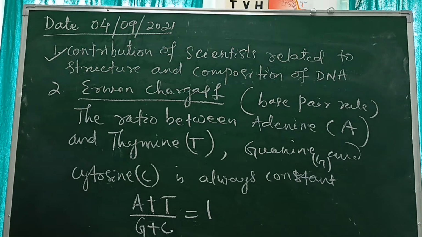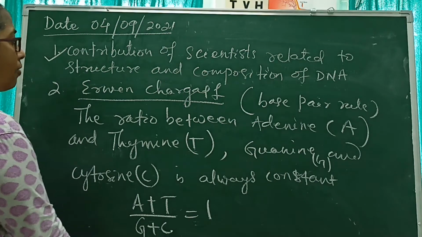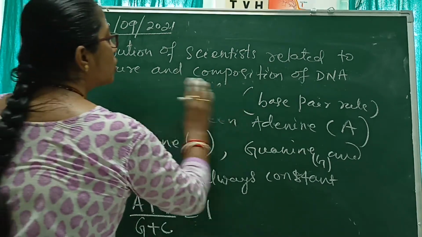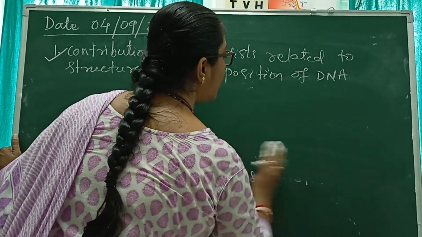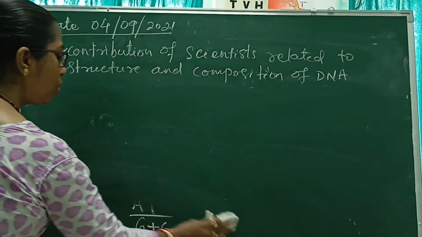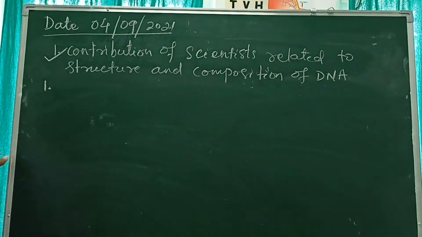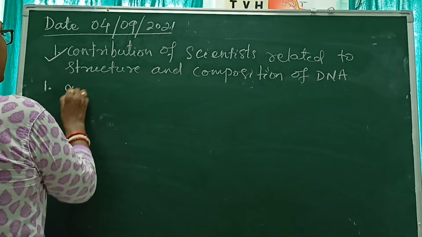On the basis of this rule, children, you can do many numericals. So here I will be discussing only one numerical, and after understanding that numerical, you can solve all other kinds of numericals related to this. So note down the numerical.